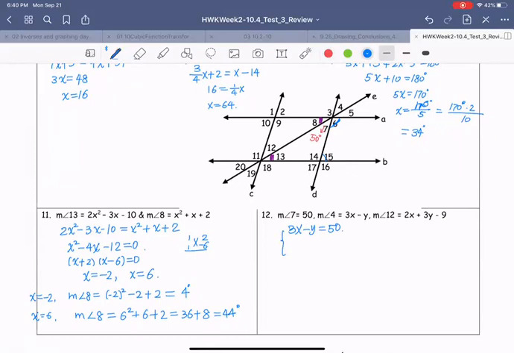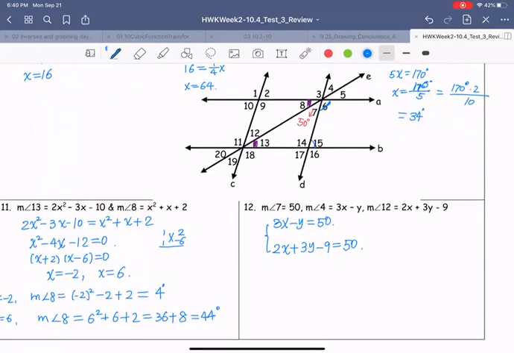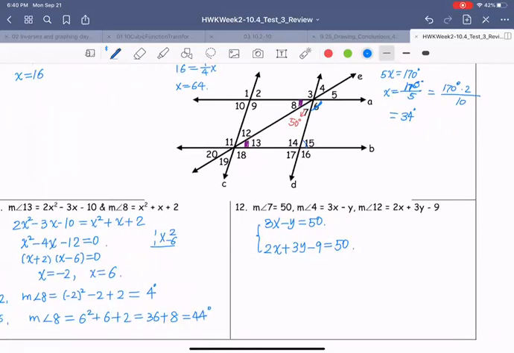Now, the other one, angle 12. Angle 12 equals angle 7, right? Yes, angle 12 is 2x plus 3y minus 9, going to equal 50. Now we can continue.